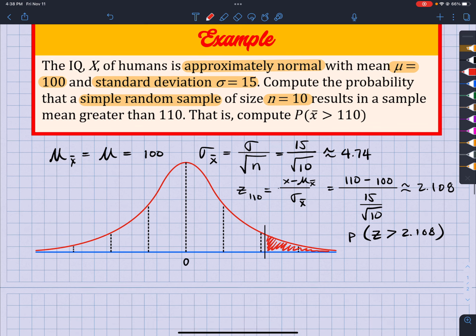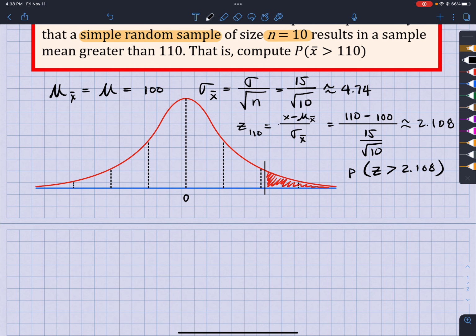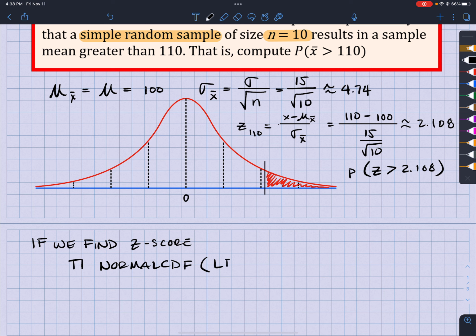So with your TI-84, once we find the z-score, we would use normal CDF. Remember, this is the lower bound, comma, the upper bound, comma, the mean, comma, the standard deviation.